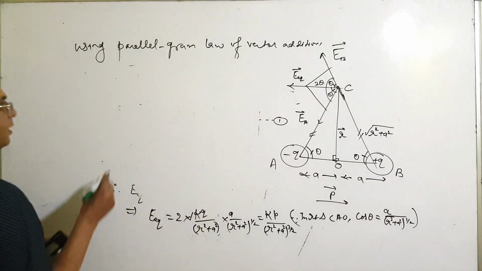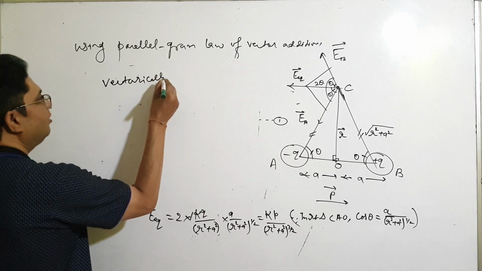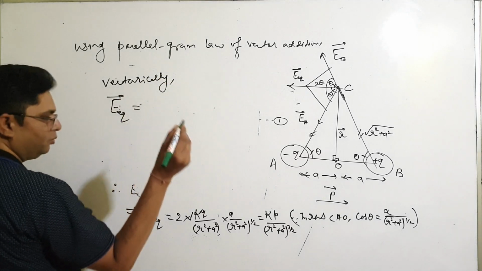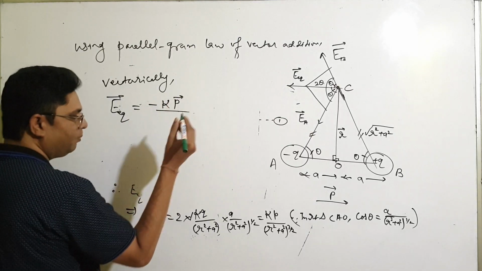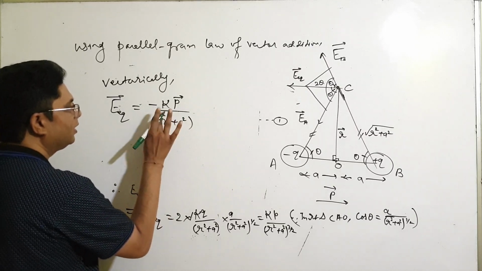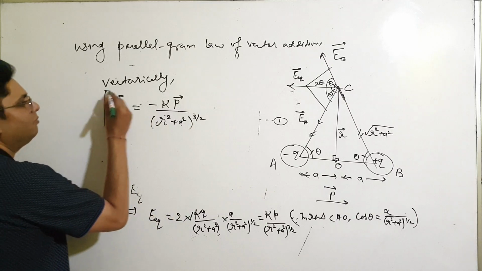So you write vectorially E equatorial equals minus kP vector upon R square plus A square power 3 by 2. This is in vector form.